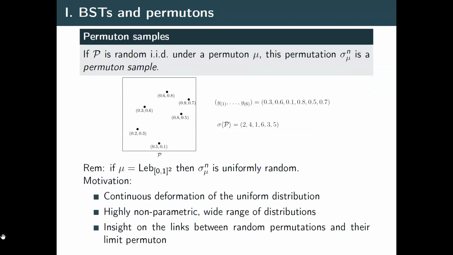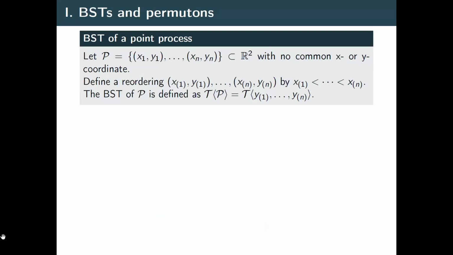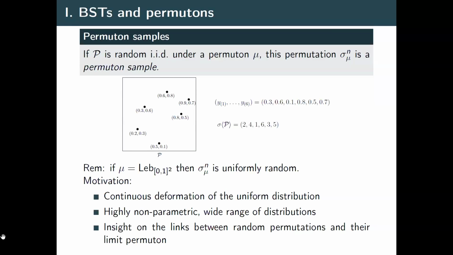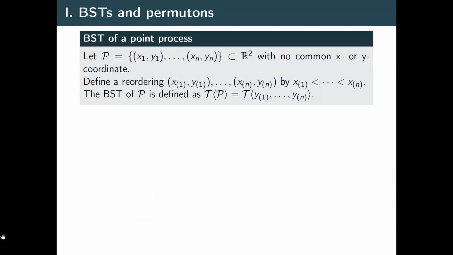Okay, where was I? Right, there's one shortcut we can do before studying the BSTs of permuton samples, which is that their BSTs can actually be directly constructed from the point set. Indeed, suppose you have a point set. As before, you read it from left to right by increasing x coordinate.